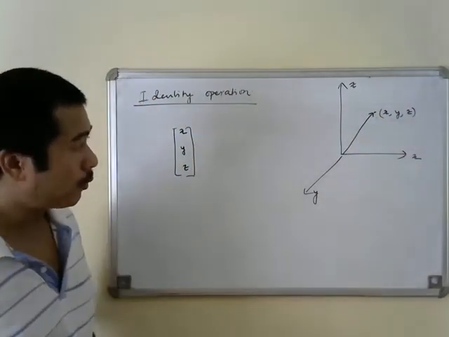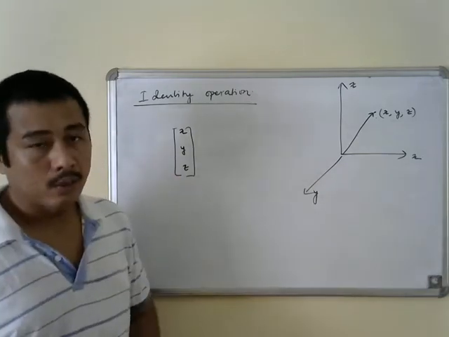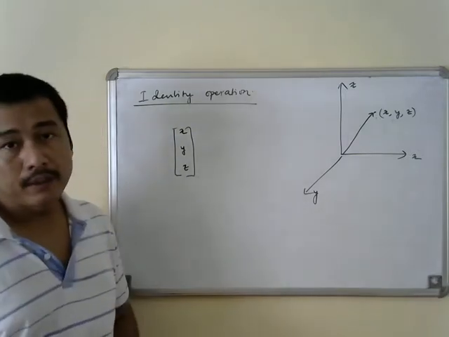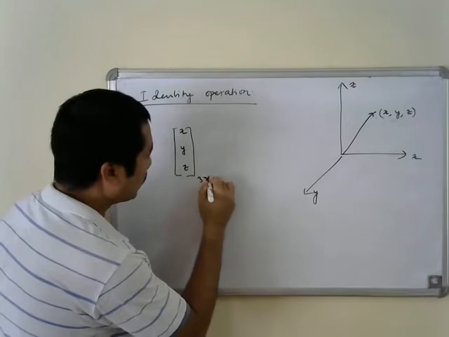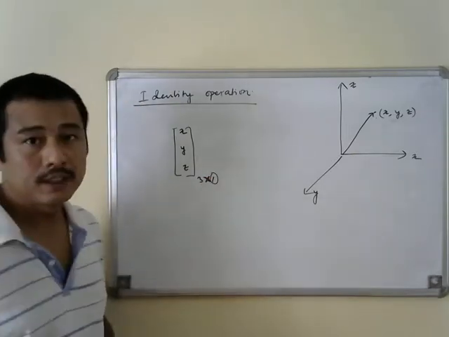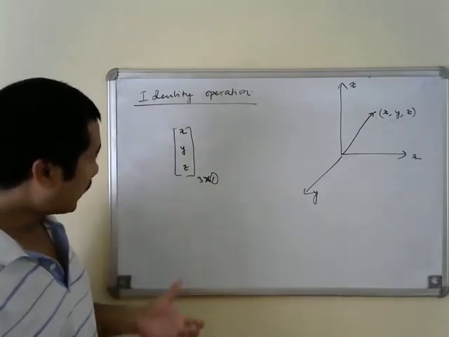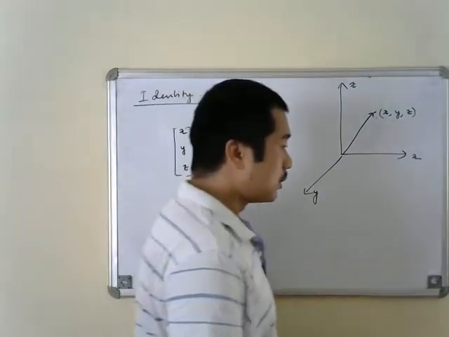The vector as well as the coordinate of this point can be represented by this 3 by 1 matrix over here, because the number of columns in this particular matrix is equal to 1, and that is why it essentially represents a vector.